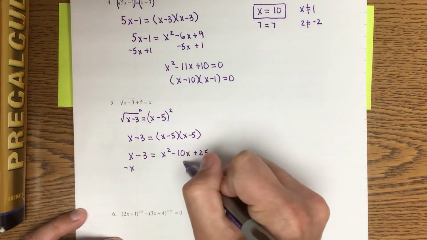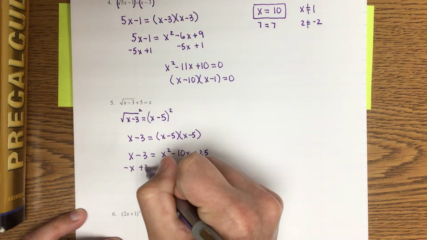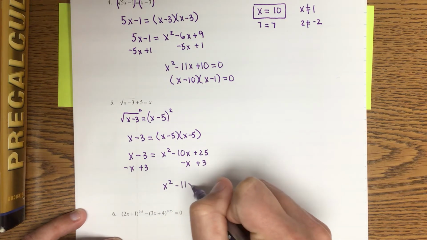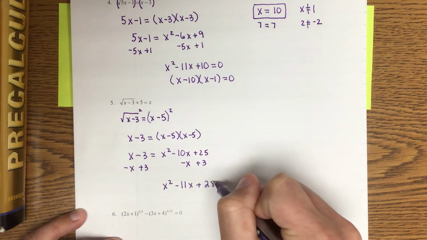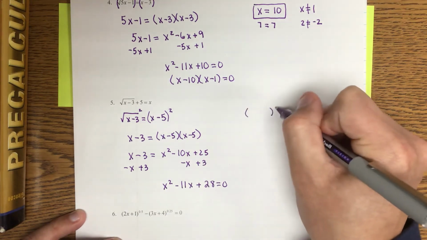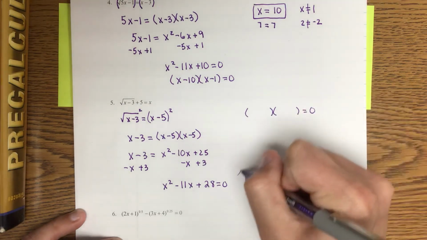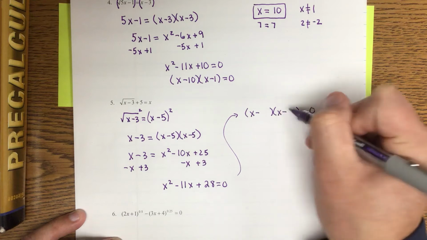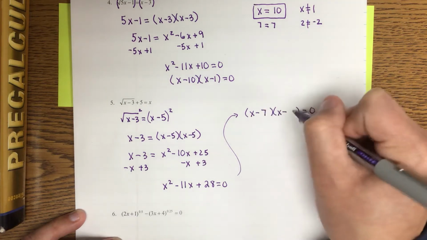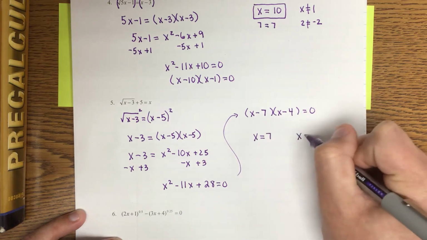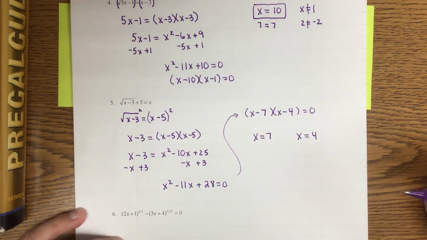Subtract the x and add the 3. We get x squared minus 11x plus 28 equals 0. And then you're going to factor. I'll go up here to factor it. So that would be x minus 7 and 4. So then I can have x possibly be 7 or x possibly be 4. So I'll have to check my work here.